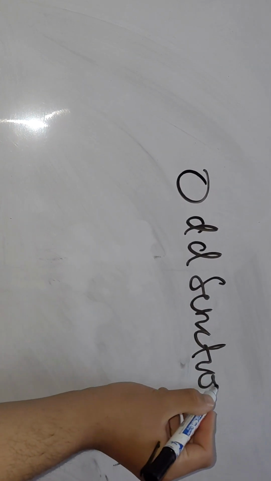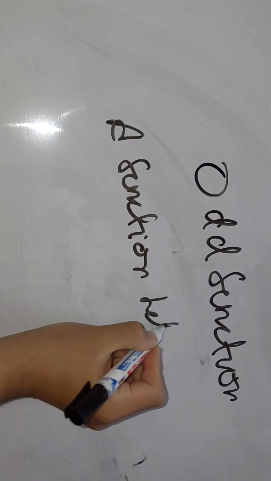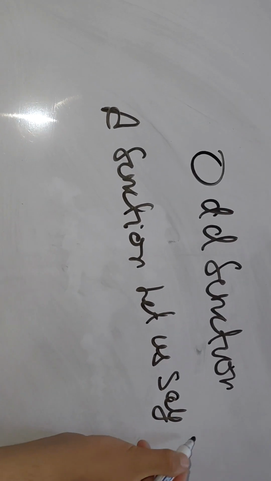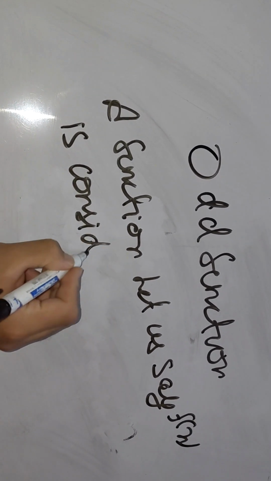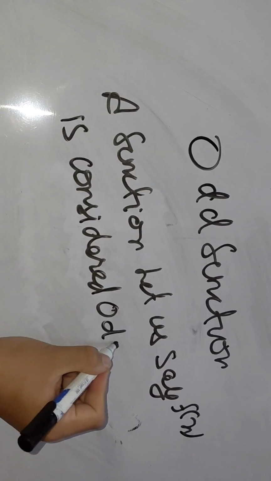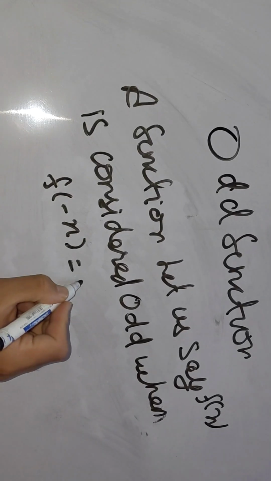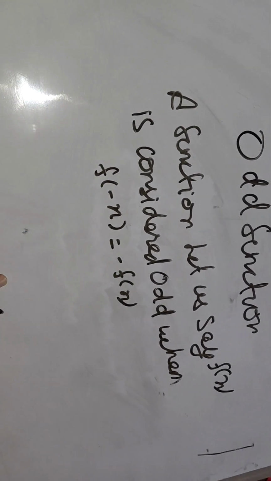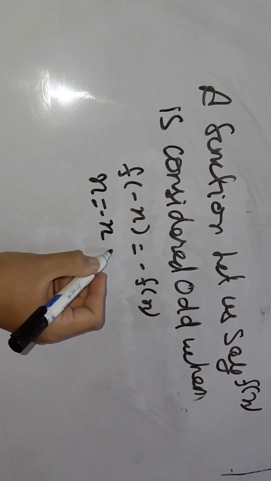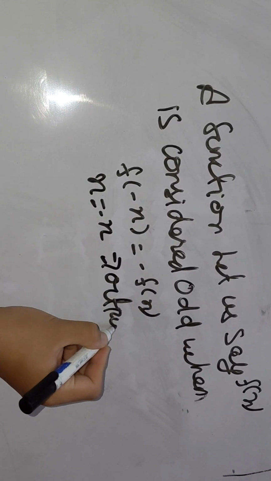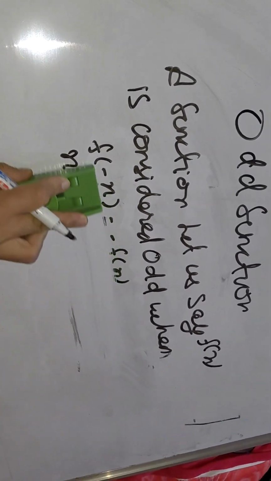A function, let us say f of x, is considered odd when f of minus x is equal to minus f of x. So in any function, when x is replaced by minus x and the output of the function comes out equal to minus f of x, it is considered an odd function.